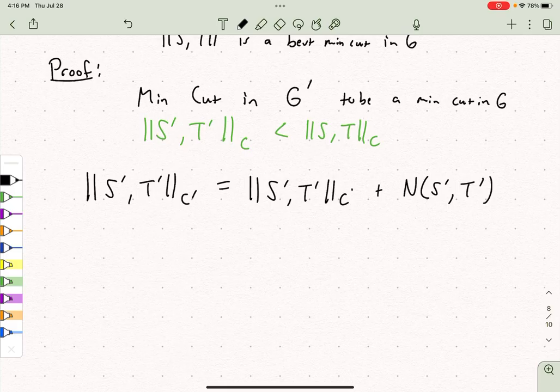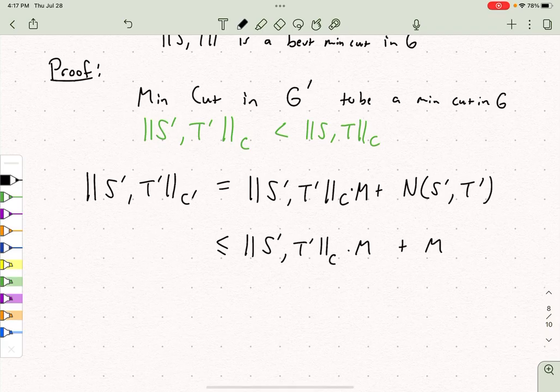Well, it's also times M. Now, by assumption, M is bigger than N, so this is at most the size of S prime T prime with respect to C times M plus N. It's actually strictly less than. Okay, so then this is equal to 1 plus M, the capacity of S prime T prime with respect to C.